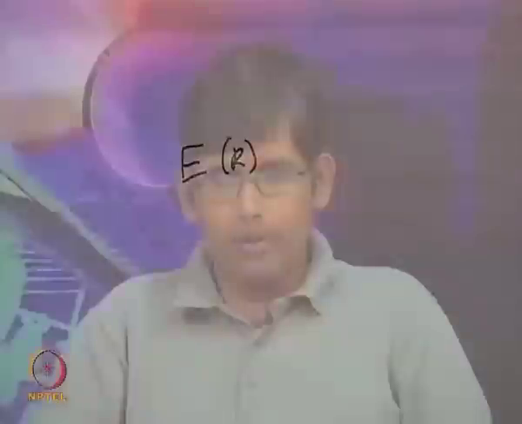You can even think of bending energy, and this also will turn out to be a function of r. We will discuss this a little more in detail later, but for the moment, whenever we say energy, we mean the interaction energy, the Coulomb energy or spring energy or Lennard-Jones energy, that is called the van der Waals interaction energy.